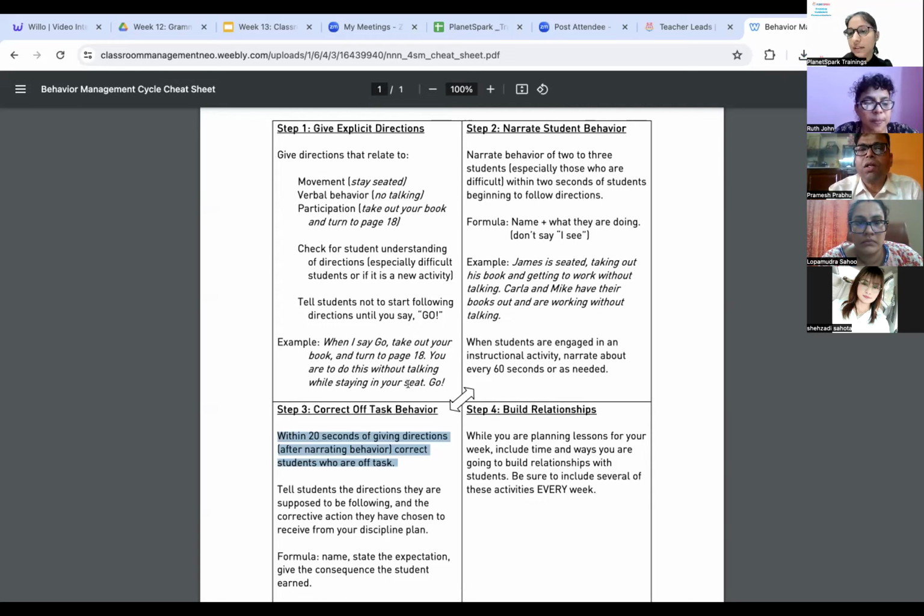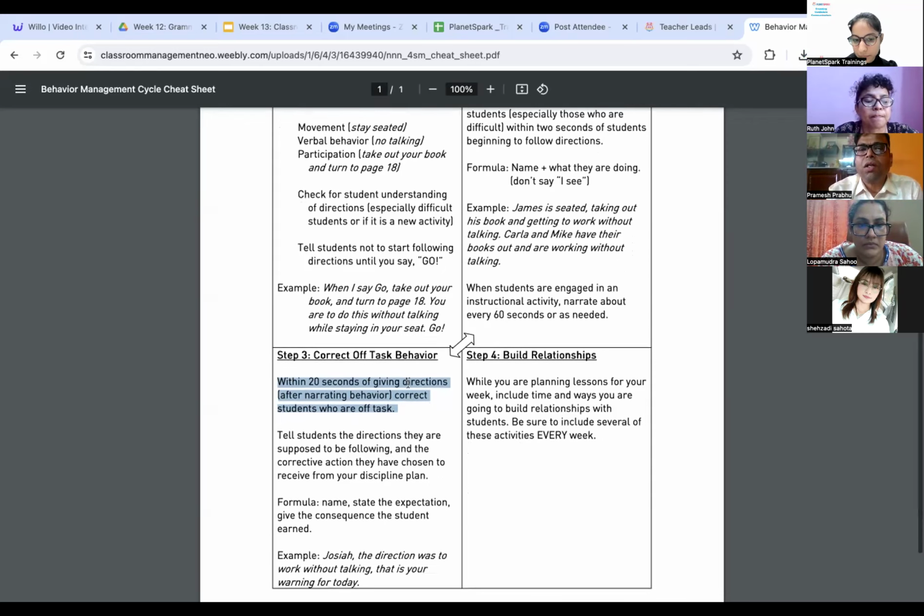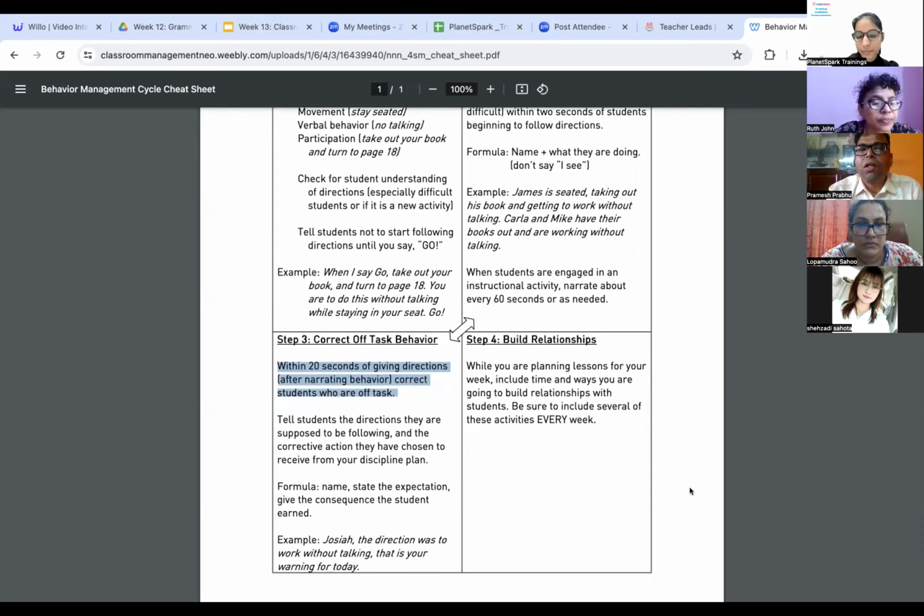Can I stop sharing? Oh, so you wrote a warning for step 3 here. I mean, there could be more warnings. It is the first thing that the sheet represents.